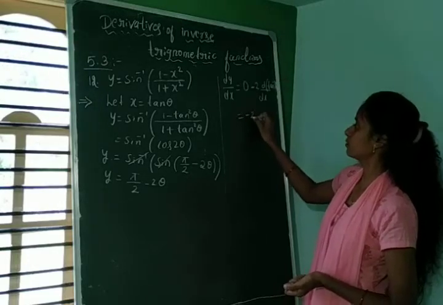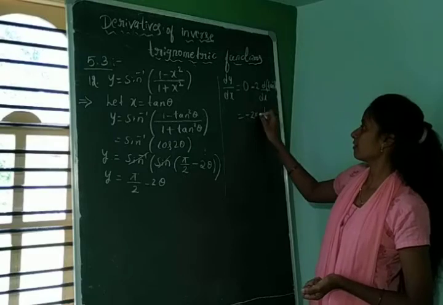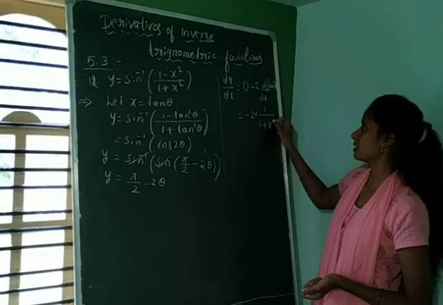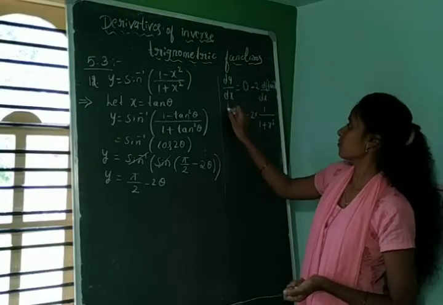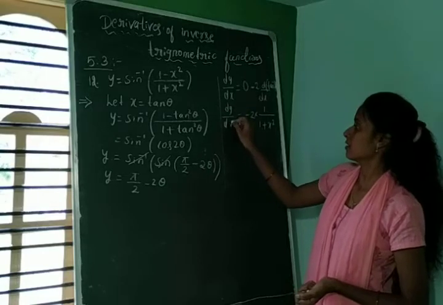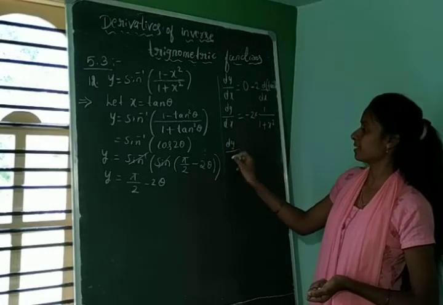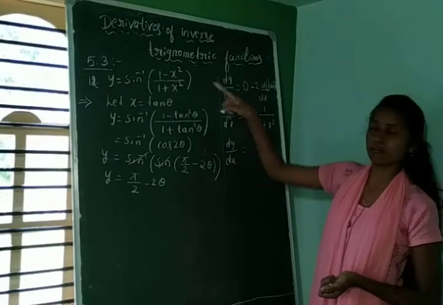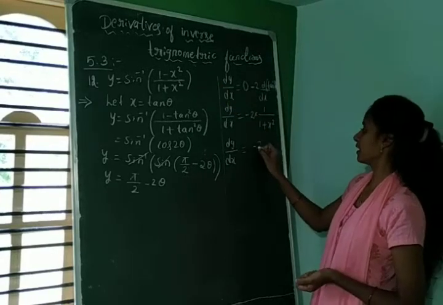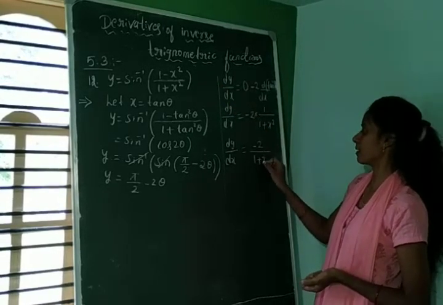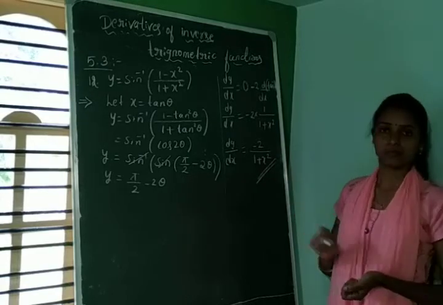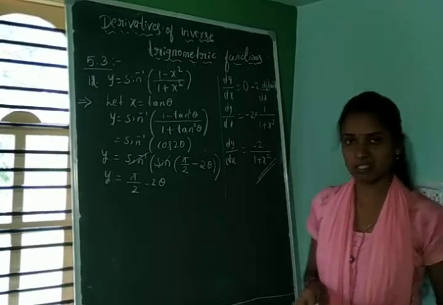So hence minus 2. The derivative of tan inverse x is 1 divided by 1 plus x square. Therefore, the required dy by dx, the derivative of the given inverse function, is minus 2 divided by 1 plus x square. Hope you guys understood this.